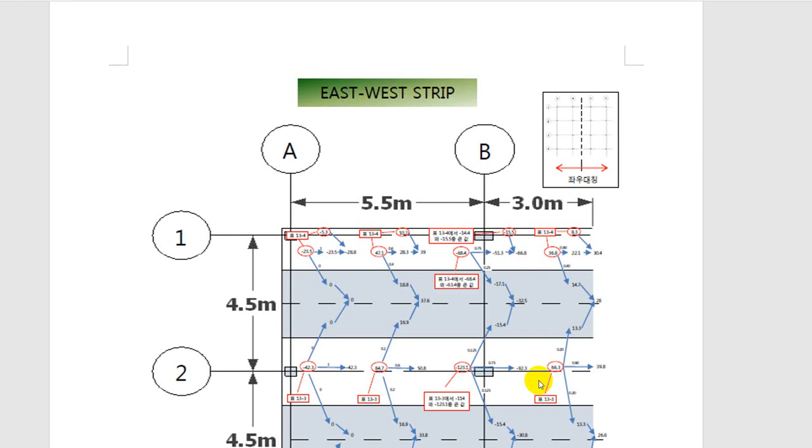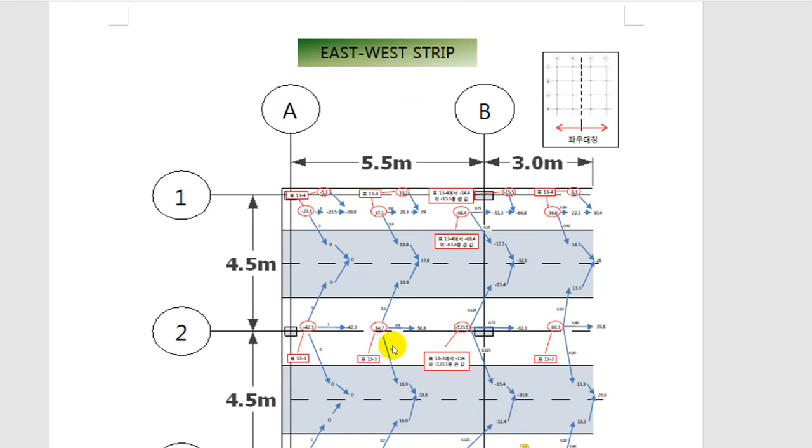Now we are ready to design slabs based on all the information we gathered so far. We gathered the information for moment, which is divided into the column strips. This is column strips and this is middle strips.